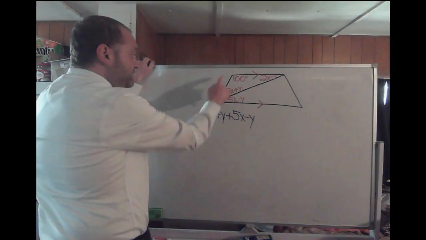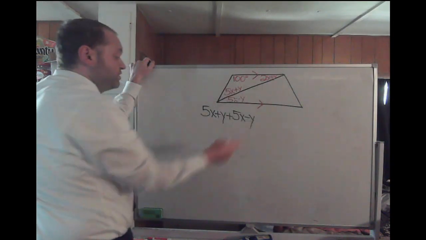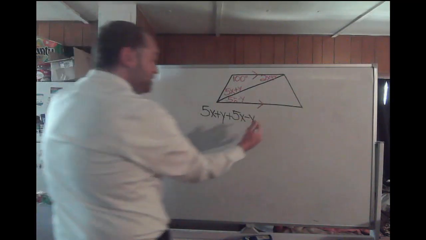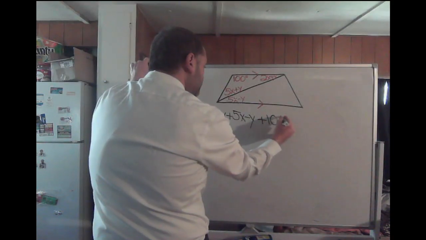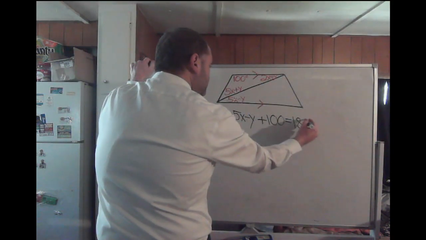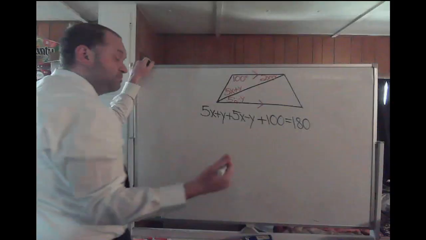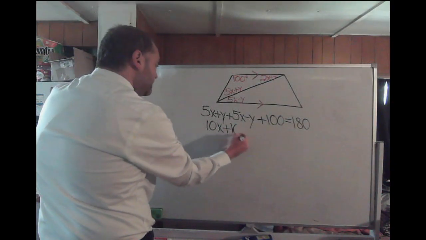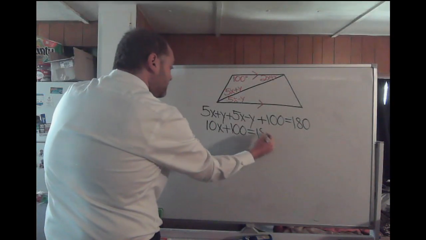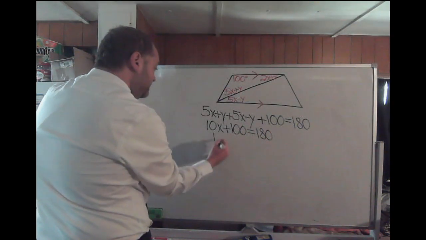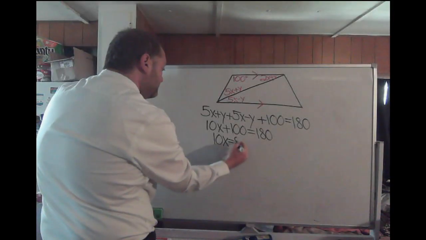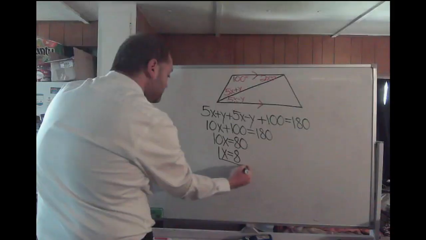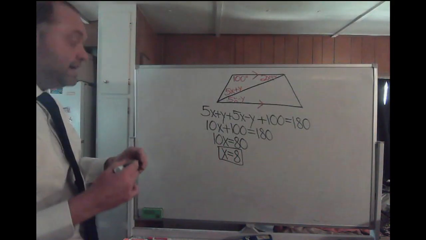We're only concerned about this transversal here to solve for this master angle. If we take 5x plus y plus 5x minus y plus 100 degrees, set that equal to 180, since same side interior angles are supplementary, you end up with 10x plus 100 equals 180, which means 10x equals 80, which gives you x equals 8. So we just found x. x turns out to be 8.